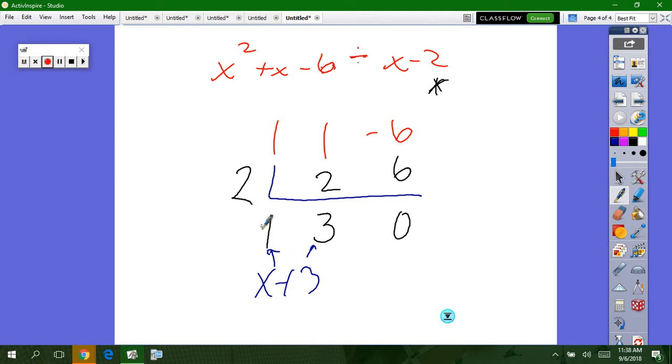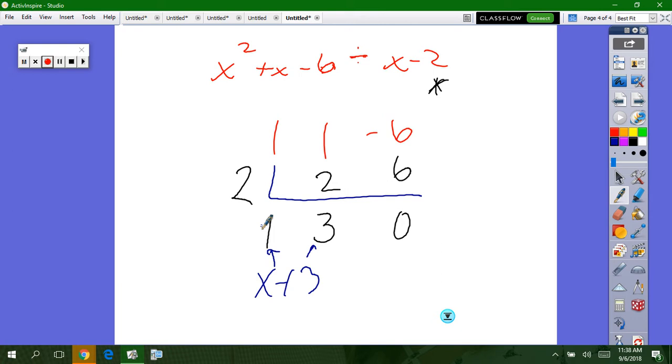But anytime I divide by a linear binomial, am I not going down 1 degree? My answer would be 1 degree less than what it was. Think about it. If I had x to the 4th, and I'm dividing by x, wouldn't my result be x plus or minus something times something cubic to get x to the 4th? Let me say that one more time.